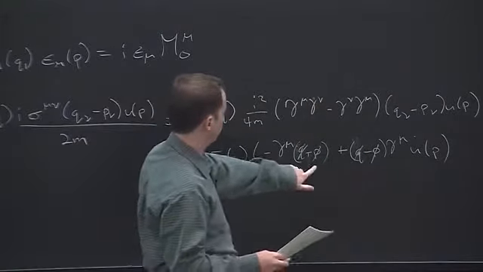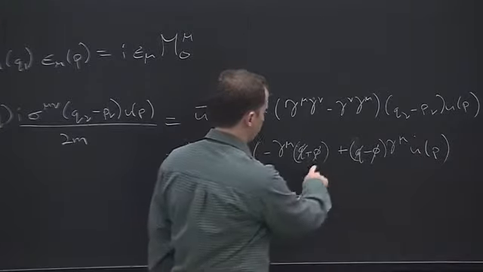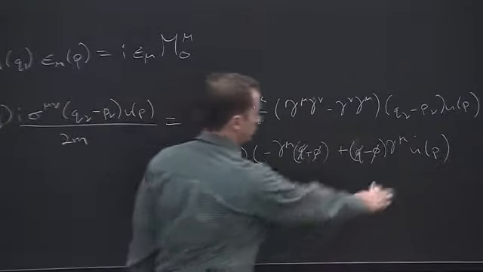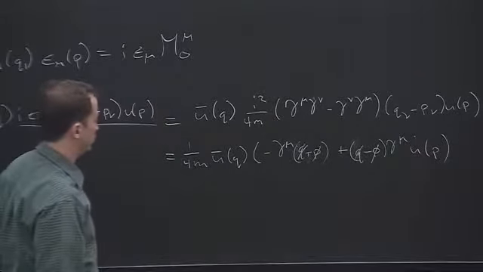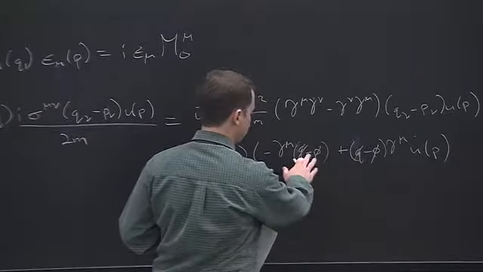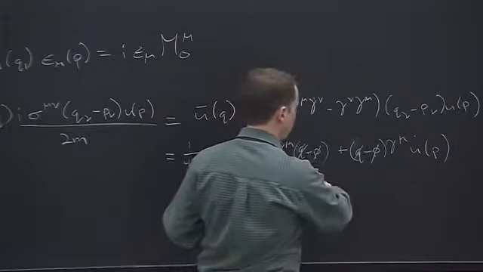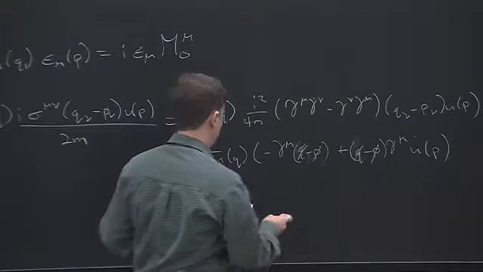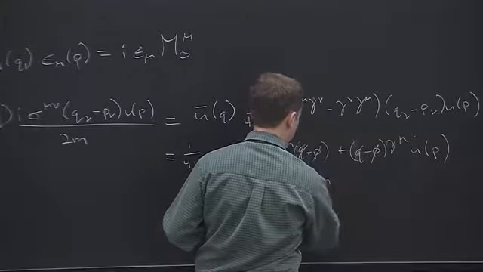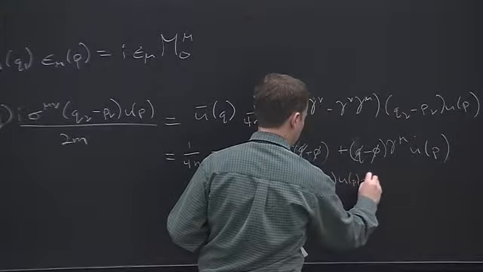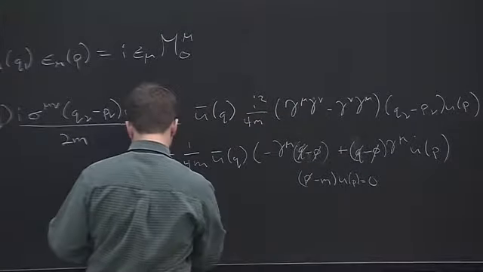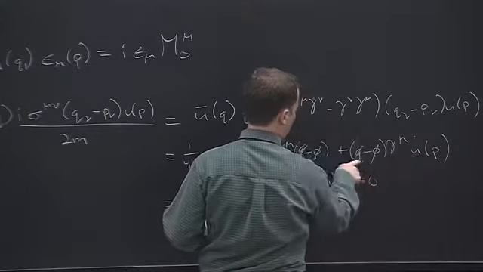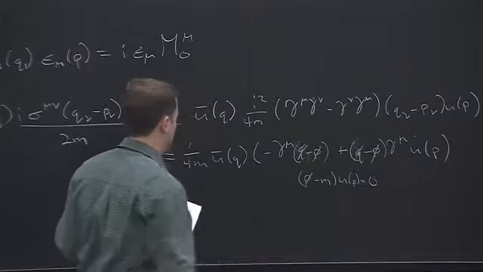We notice here that in this term, we have a p̸ acting on an on-shell electron wave function. So by the Dirac equation, p̸ acting on u is equal to m times u, so (p̸ − m) u(p) is 0. We can use that to replace p̸ acting on u with m, and q̸ acting on ū with m.